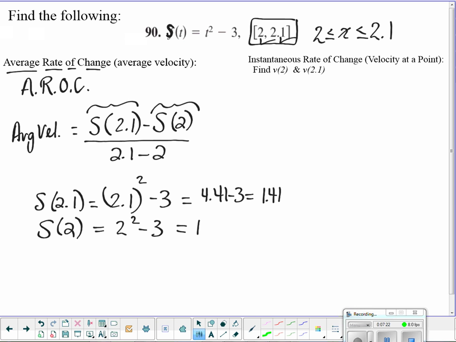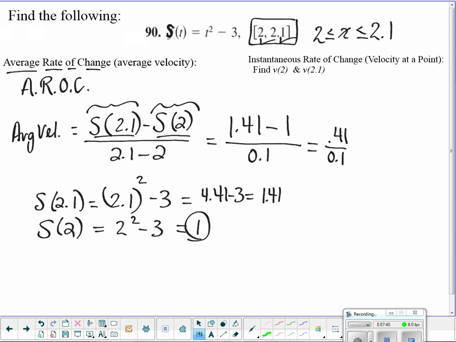Now, there's our s of 2.1. That was a 1.41 minus s of 2. We calculated to be 1. Divided by 2.1 minus 2 gives me 0.1. The difference will be 0.41 divided by 0.1, and that will come out to be 4.1.